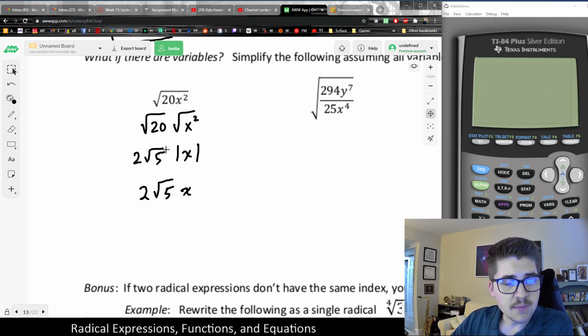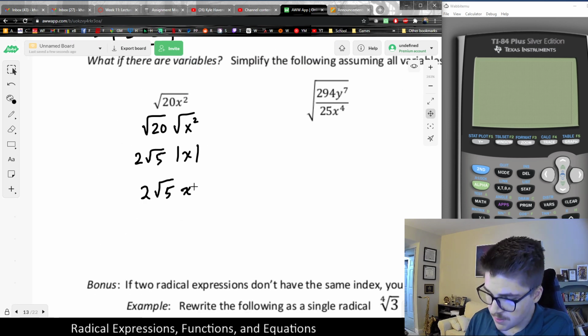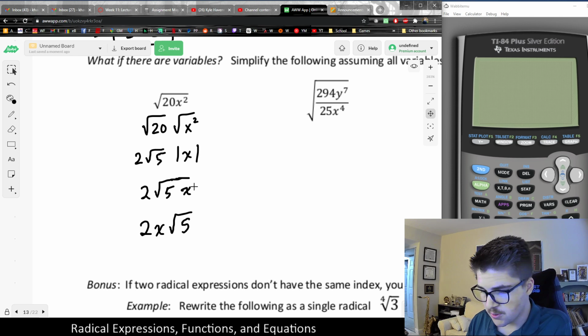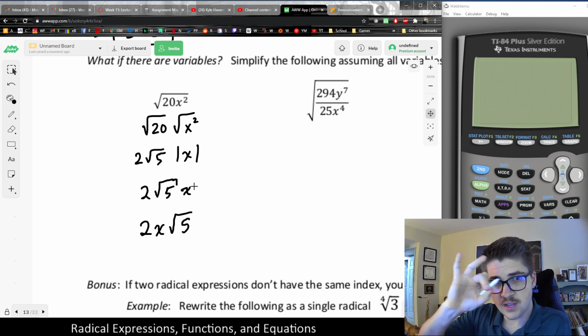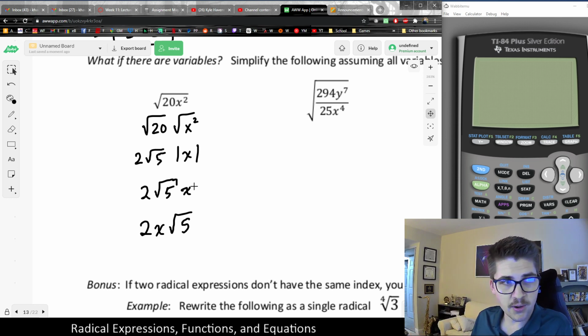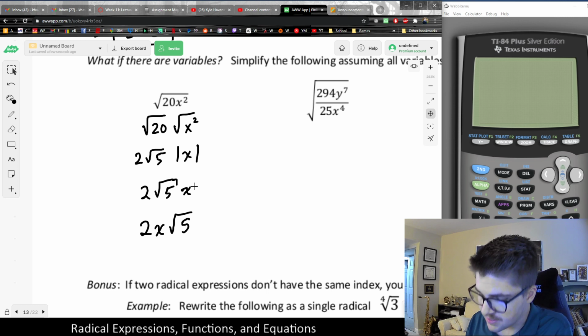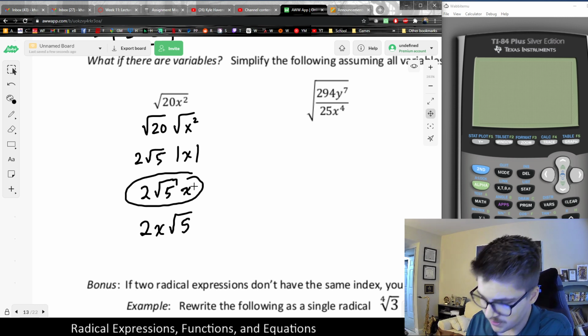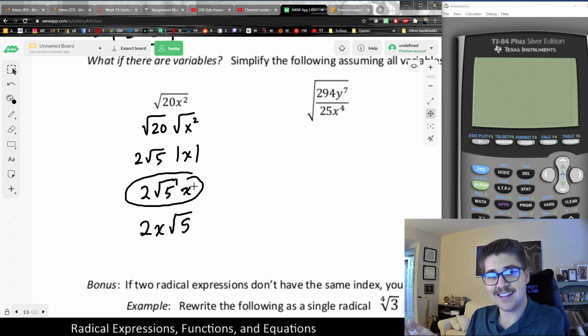The last thing I wanted to mention here is that a lot of times people will put the x before the root, because it can be kind of hard to see whether the square root is over the x or not. One way you can do it is to close off your square root with another little tick mark at the end. That way we know for certain that the square root is only on the 5. This is how I typically will write my answers, just because usually you put the number in front of the x, not after.